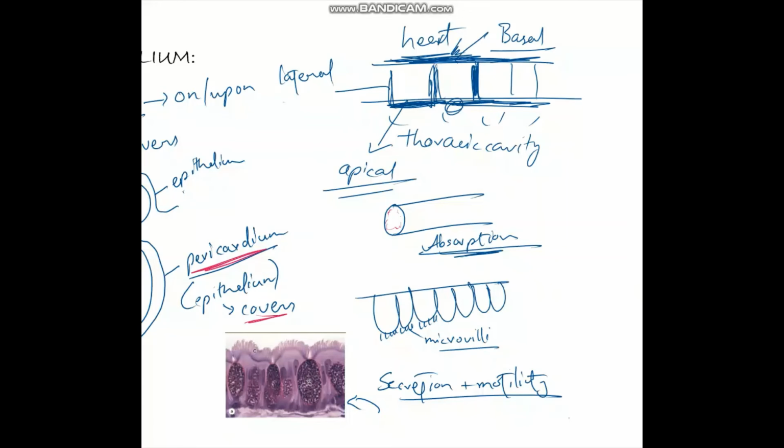As we can see here, it's got these cells right here, goblet cells they're called, and they secrete mucus into the respiratory lining, and it's also got these modifications on the apical surface of the cells. These are called cilia, and they are responsible for the motile movements that remove the mucus from the respiratory tract that is being secreted by the goblet cells here. And again, as we can see, these are aggregated cells and they are polyhedral. They've got multiple faces, and all these faces have their own specific functions.